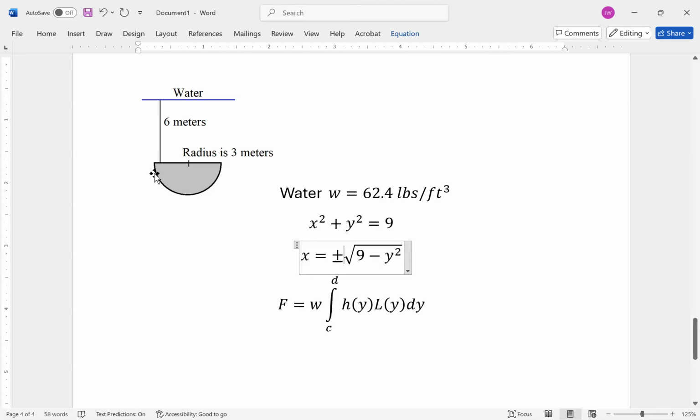And on the left-hand side of the circle, it's going to be equal to the negative square root of 9 minus y squared. And that's going to be important because when I draw one of those representative rectangles, that's a little horizontal sliver, the right-hand side of the rectangle is going to be at the positive square root, and the left-hand side of the rectangle is going to be at the negative square root.